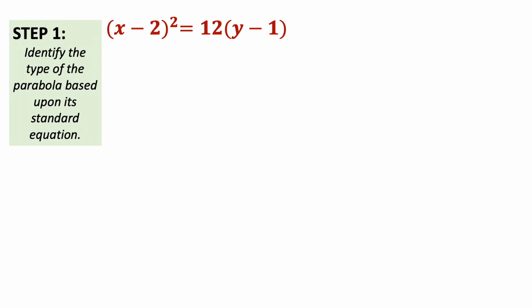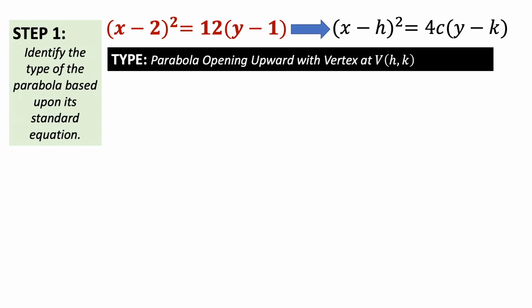Based upon the variables and exponent in the left side and the right side, the standard equation of this parabola corresponds to the standard equation of a parabola that opens upward with vertex at (h, k).